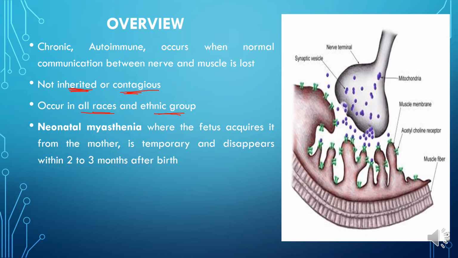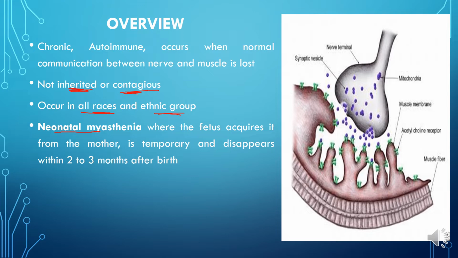This Myasthenia gravis is generally found in women who are above 40, and it affects men much later in their life. There is also a variety, the Neonatal Myasthenia.